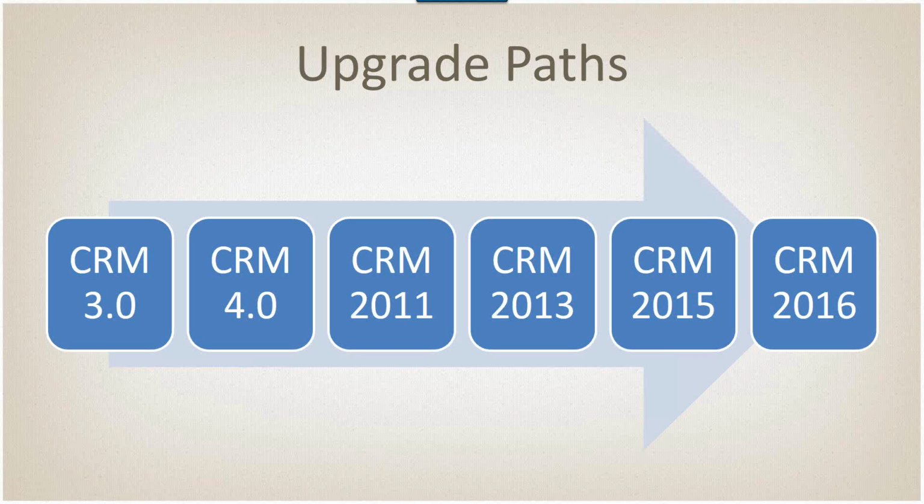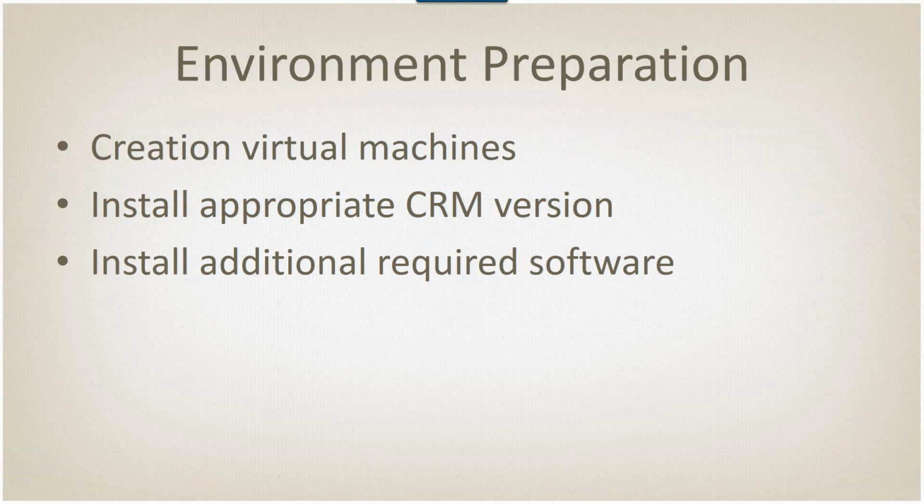So if you're on 4.0 and you have a 2011, 2013, 2015, and then finally you're going to 2016, the virtual machines in the middle, the 11, 13, and 15s, can all be on one box. You put SQL and CRM on the box, you move the databases over, you upgrade, and then you repeat the process to the next server. So you don't actually have to install a true production run. These are purely temporary machines. Don't forget that.